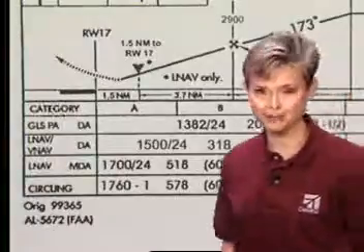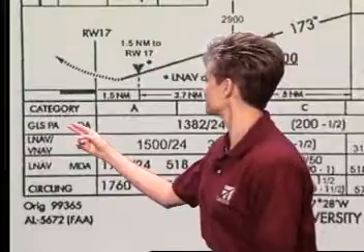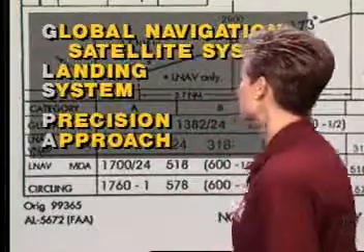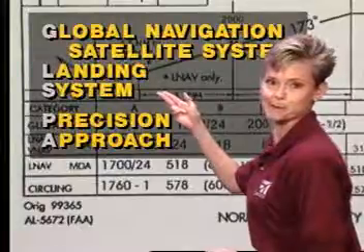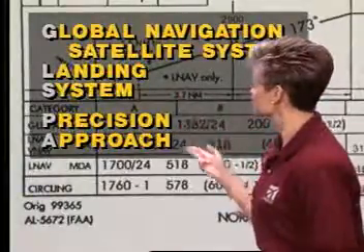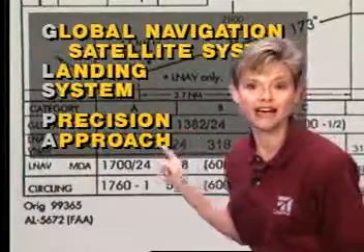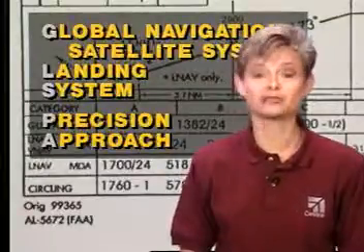So with that kind of capability, we will be able to step right up to the GLS PA level. GLS stands for, are you ready for this? This is complicated. Global Navigation Satellite System Landing System. The PA stands for Precision Approach. With that, we get the lowest minimums of all.